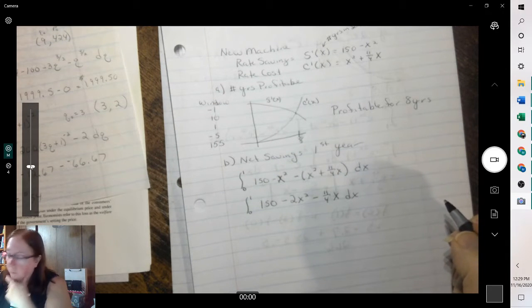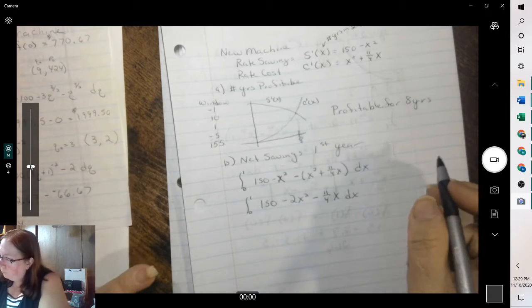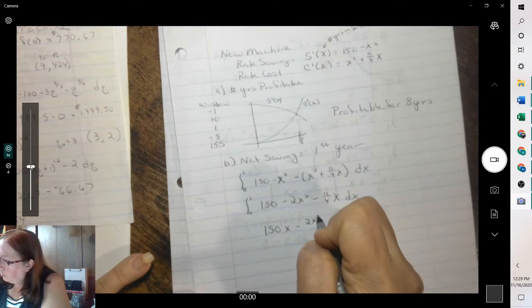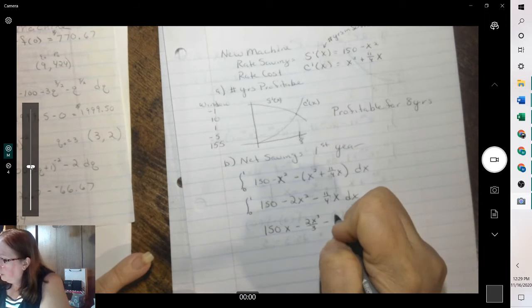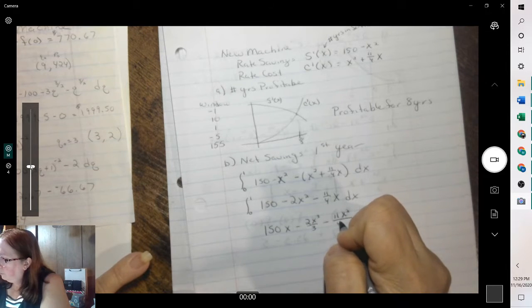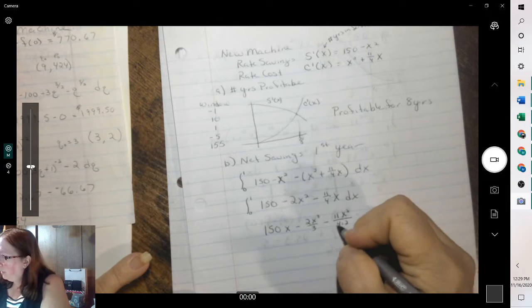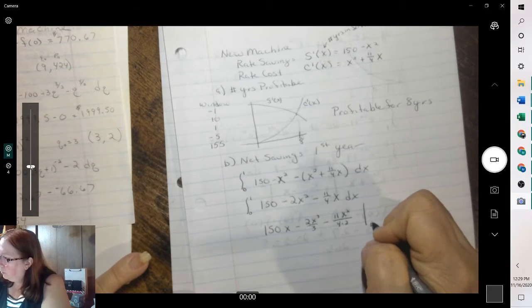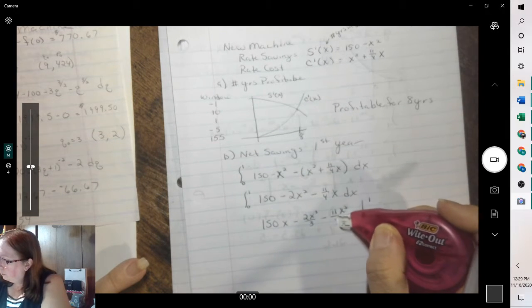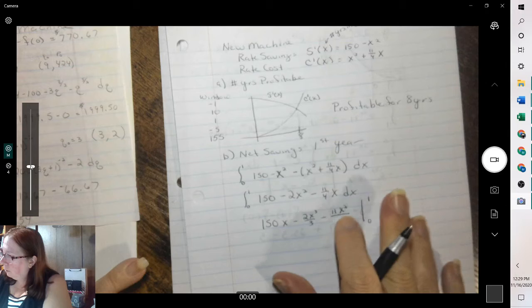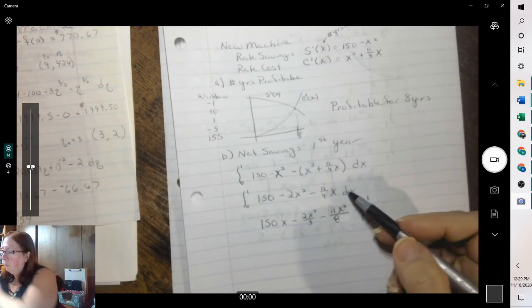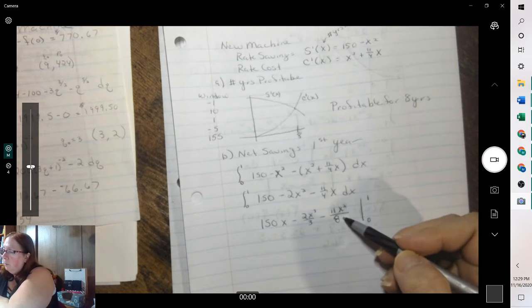Then we take our integral. 150x minus 2x cubed over 3 minus 11x squared over, we have the 4 times the 2, or you could have just put 8, from 0 to 1. I'm just going to make this an 8. So the 4 was there, 2 times the 4 gave us 8.